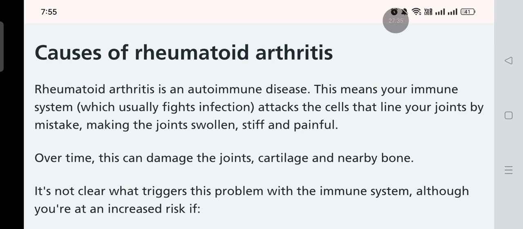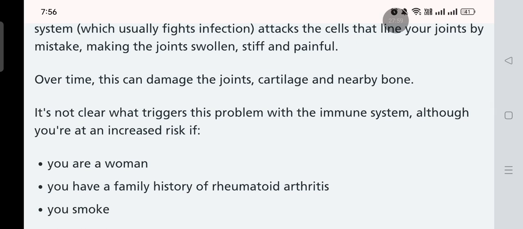This means your immune system, which usually fights infection, attacks the cells that line your joints by mistake, making the joints swollen, stiff, and painful. Over time, this can damage the joints, cartilage, and nearby bone.